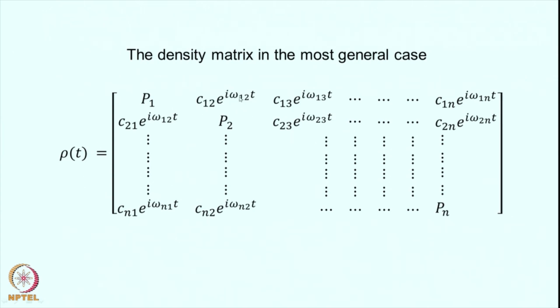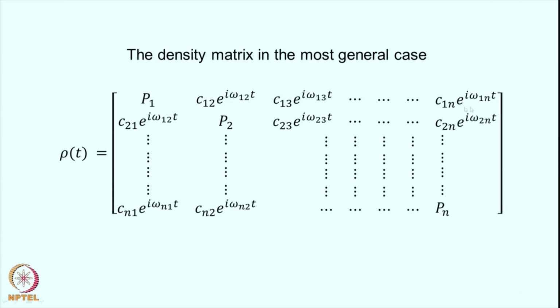This represents the energy difference between the states 1 and 2, and this is that coefficient which we saw in the previous slide. Likewise this coefficient keeps varying from element to element, and this oscillation frequency also changes from element to element because the energy levels are changing. So if you have so many energy levels, there will be oscillations of different types.